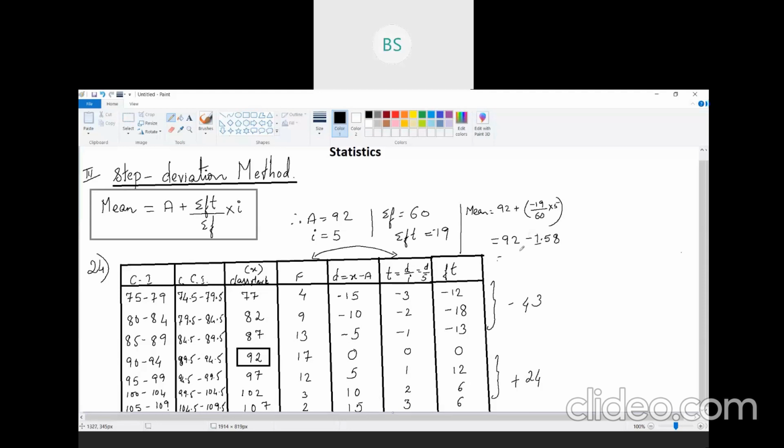So this will be 90.42. So mean is equal to 90.42. Understood this?